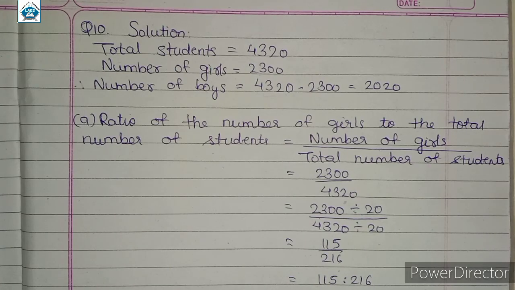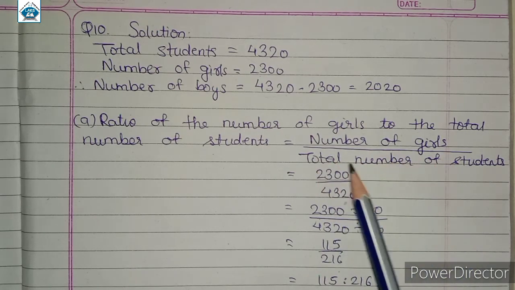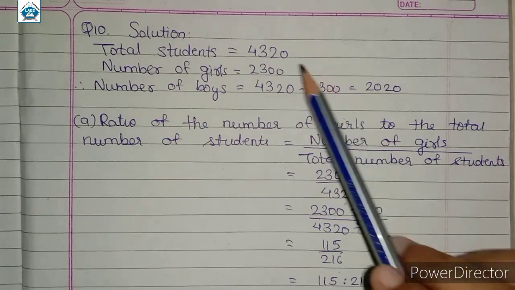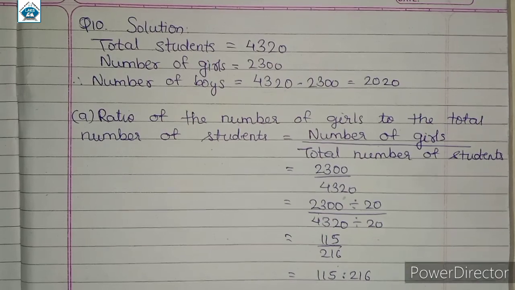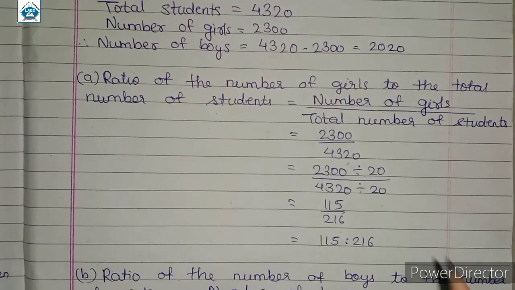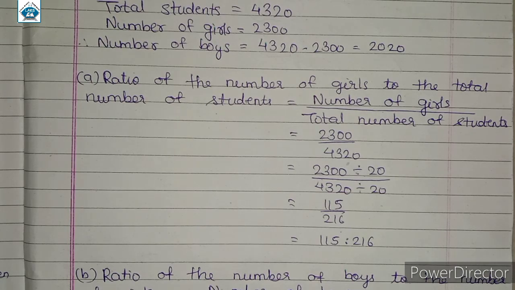Firstly, we are asked ratio of number of girls to the total number of students. So this will be equal to number of girls upon total number of students. Number of girls है 2,300 and total number of students is 4,320. So जैसे हमने HCF find किया, HCF से divide करेंगे and we will get the required ratio.